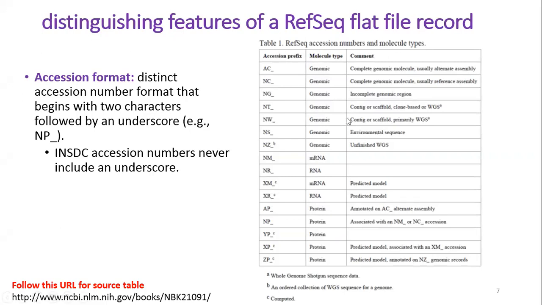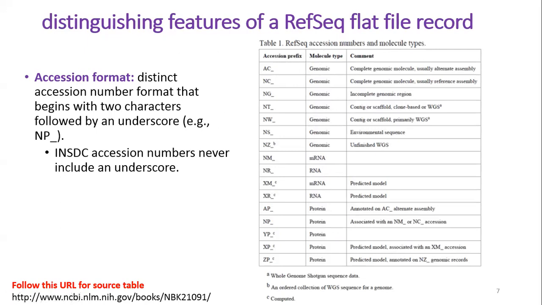For example, there are at least 7 accession prefixes that belong to the genomic type, at least 4 accession prefixes that belong to the RNA molecule type, and about 5 accession prefix types that correspond to proteins.